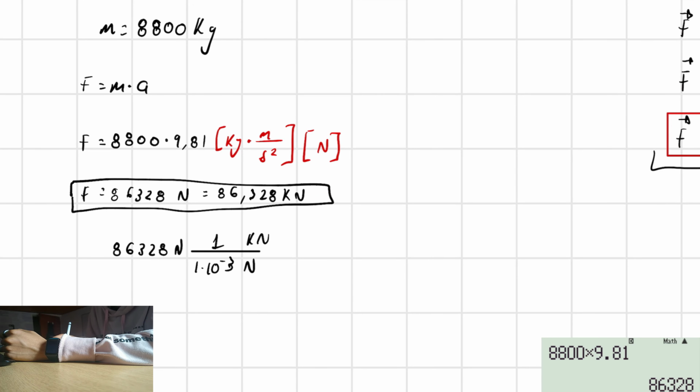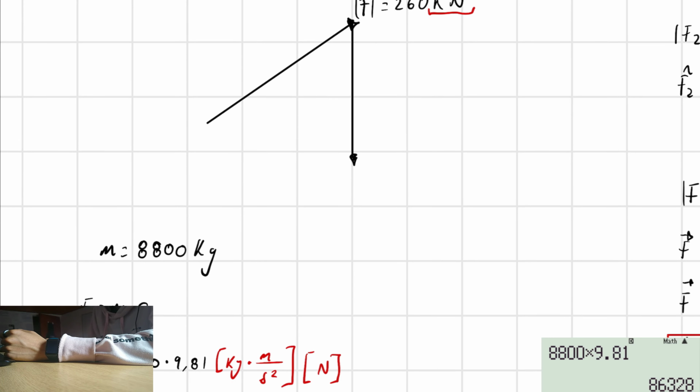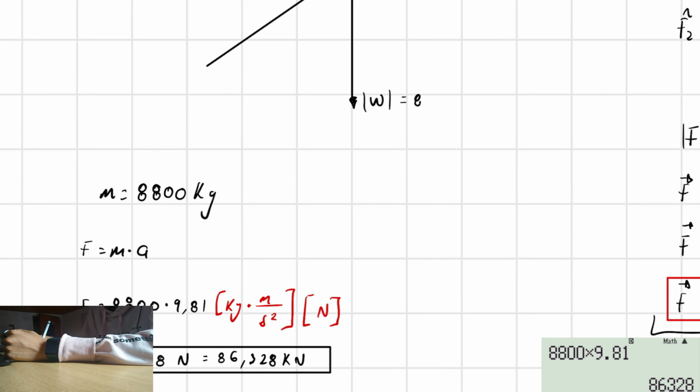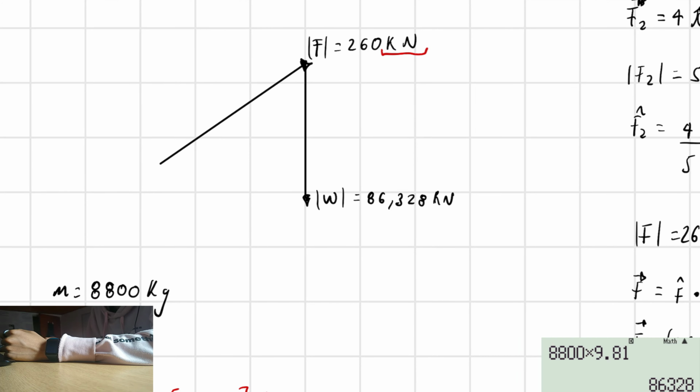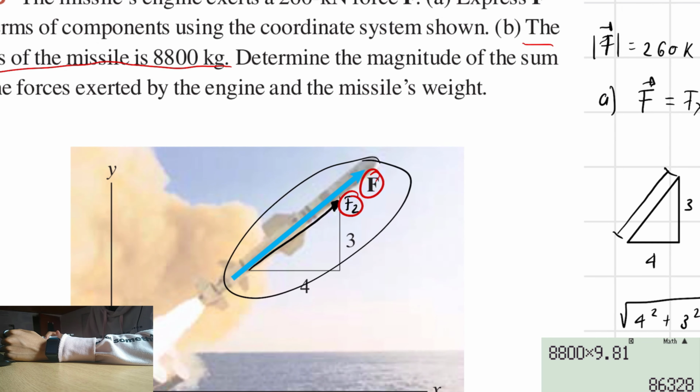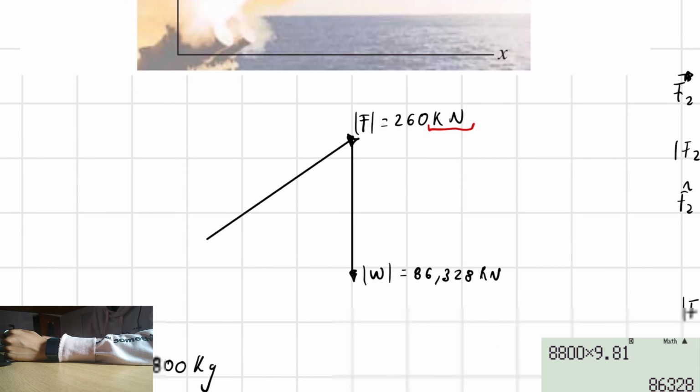And now we have our weight in kilonewtons. So W has a magnitude of 86.328 kilonewtons. Right? And they're asking me to find the summatory of the forces.